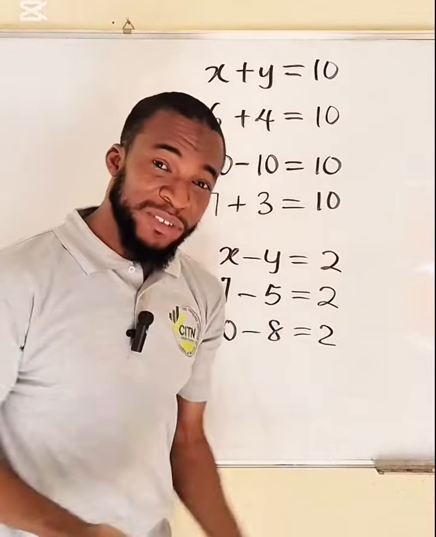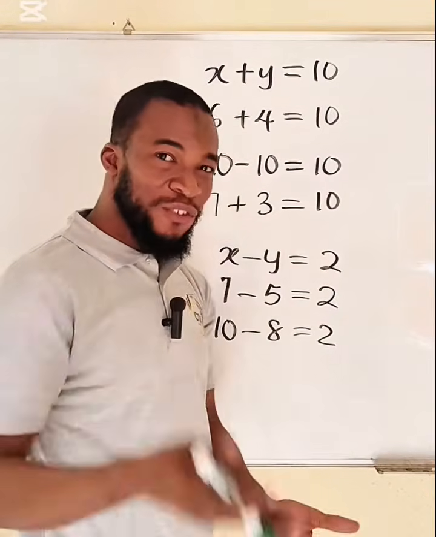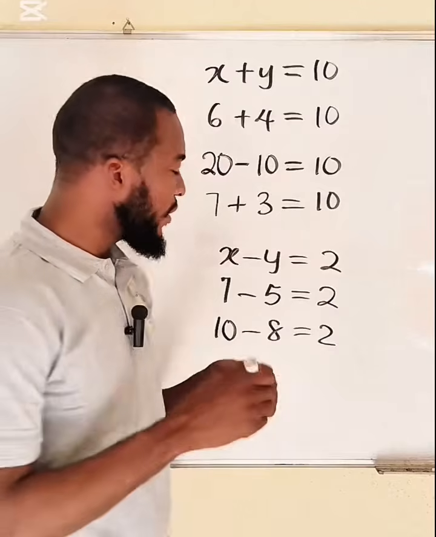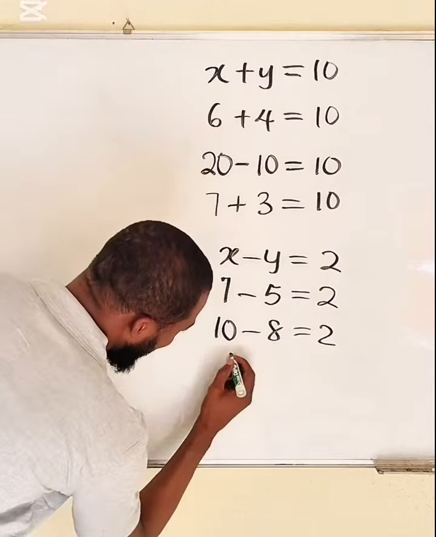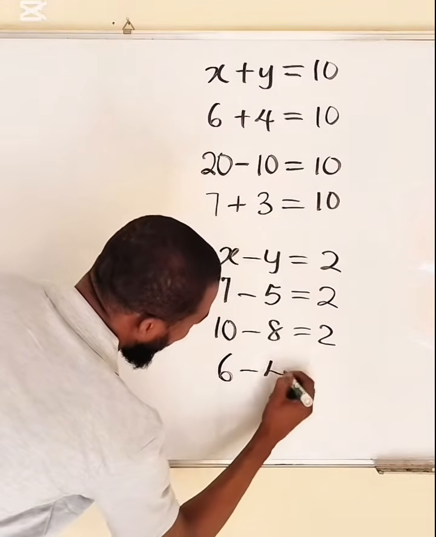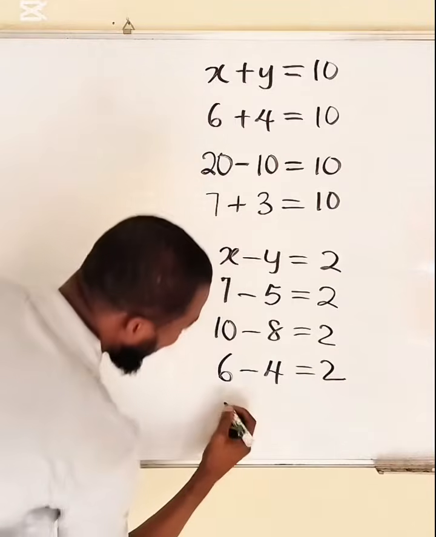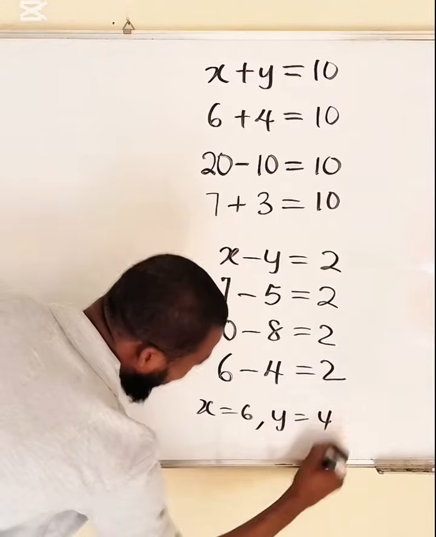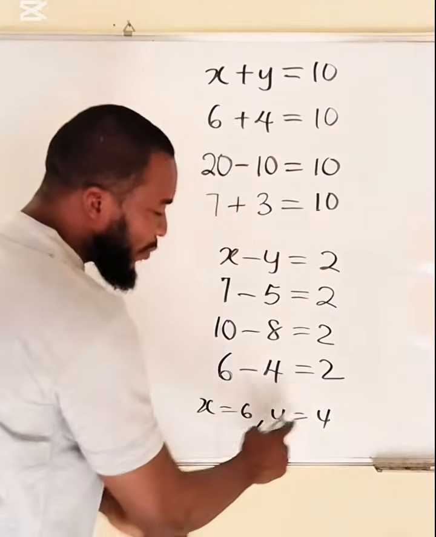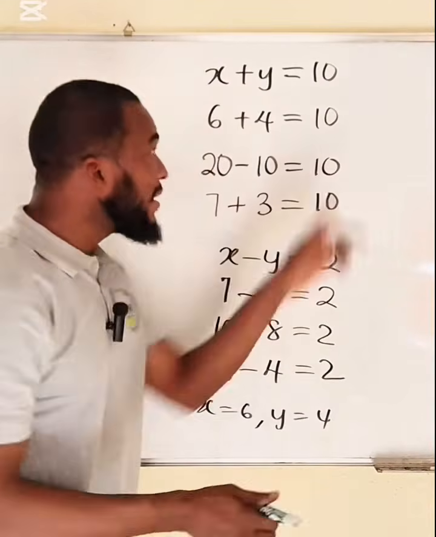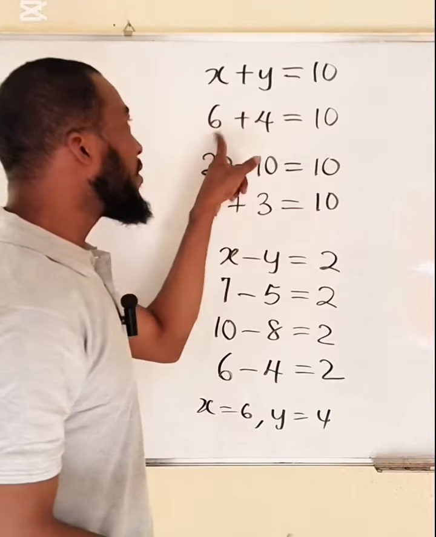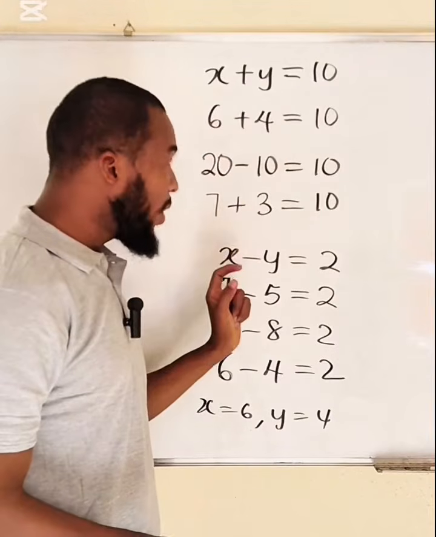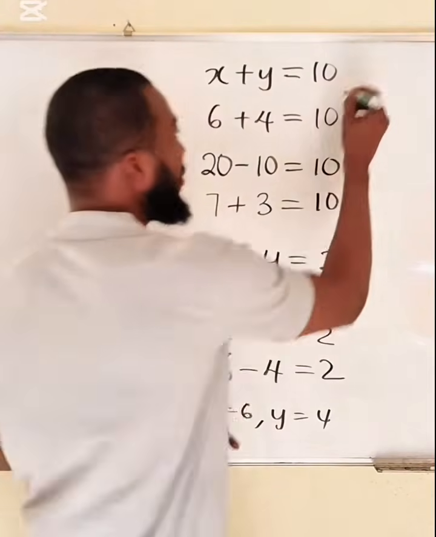We may have simultaneous quadratic equations, but we are talking about linear equations. So I know that 6 minus 4 is equal to 2. This means that x is equal to 6, y equal to 4. But remember, initially, when x is 6, y equal to 4, it satisfies the first equation.